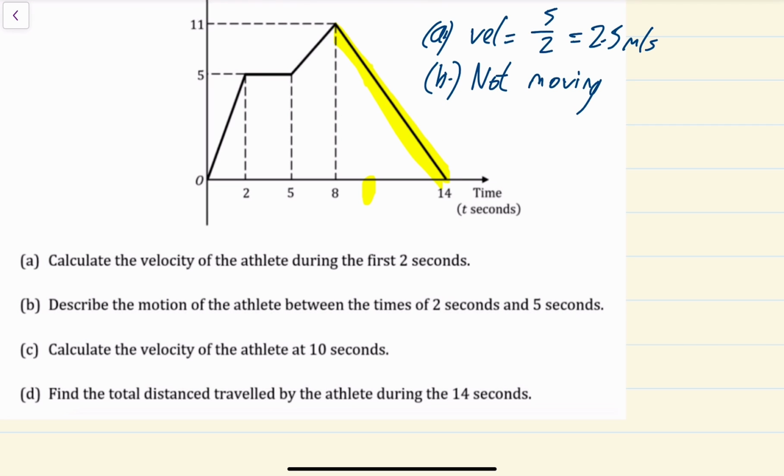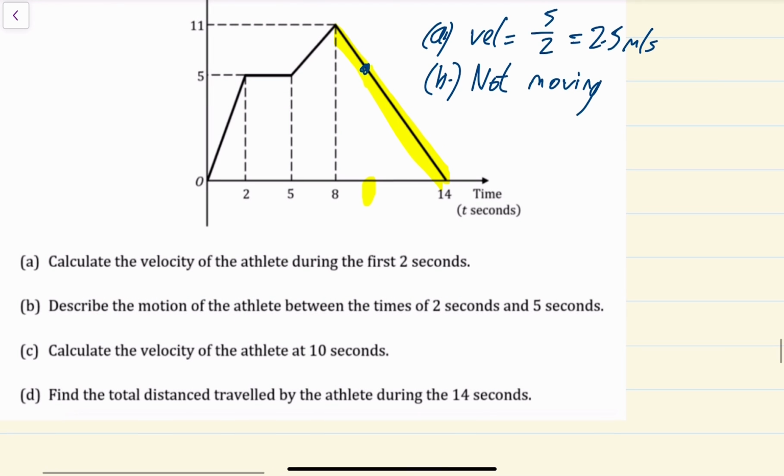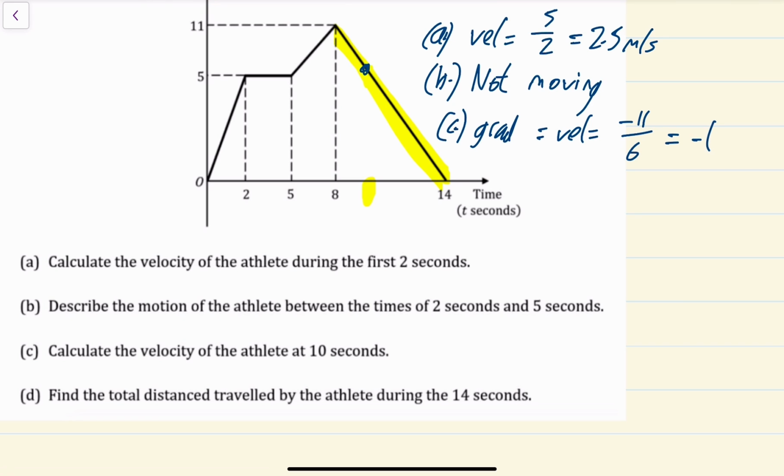So the gradient equals our velocity, and it goes down 11, from 8 to 14 seconds, so in 6 seconds, which works out to be minus 1 5/6, which is the same as minus 1.83 meters per second, to 2 decimal places.